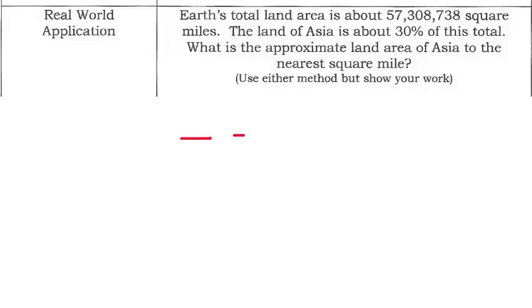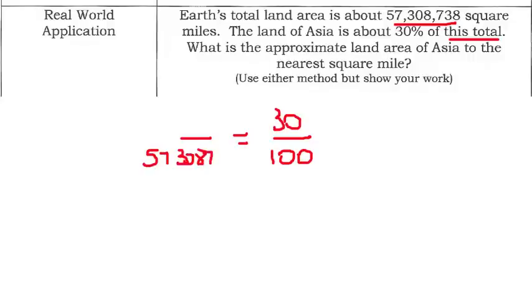What I'm going to do is set up my proportion. Is over of, or part over whole, equals percent over 100. They give us our percent, which is 30. It says that this amount is equal to the total, so that's what you write down next to 100.